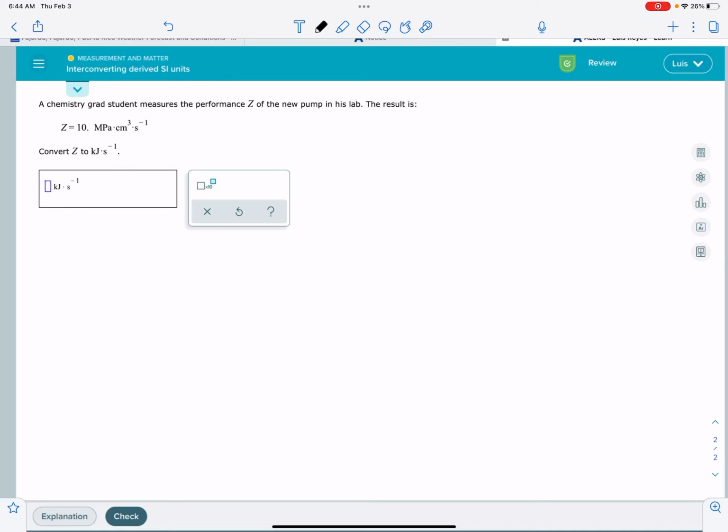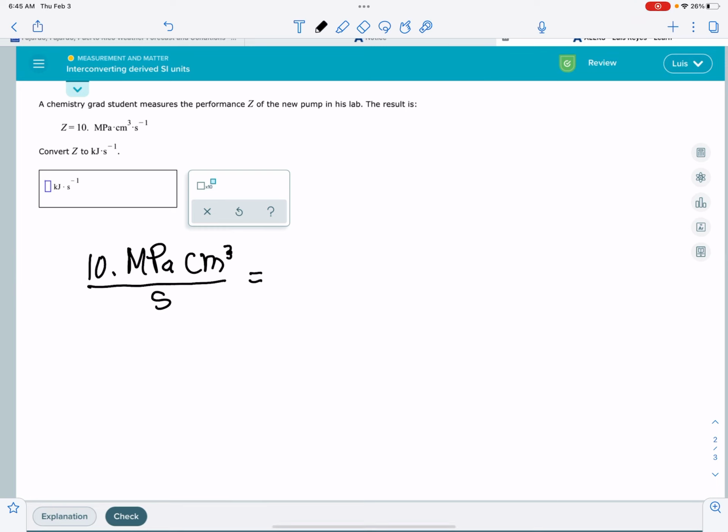Here's another one. This one is telling us to convert Z to kilojoules times seconds, or kilojoules over seconds. So given 10 megapascals times cubic centimeters divided by seconds, that's what the minus power means.